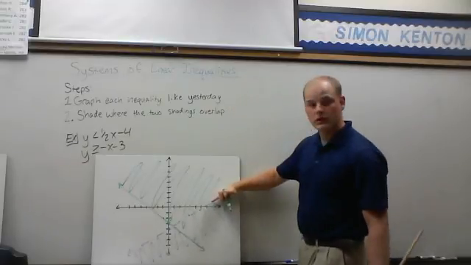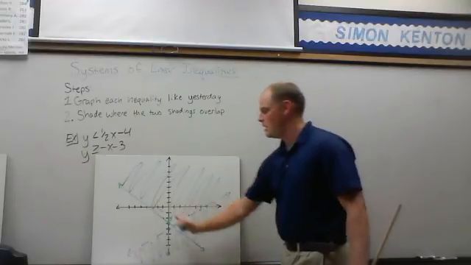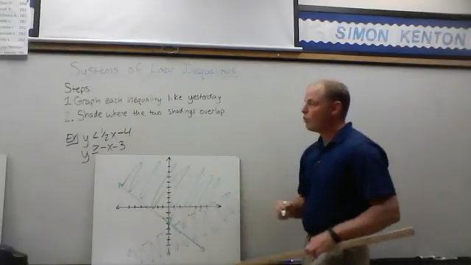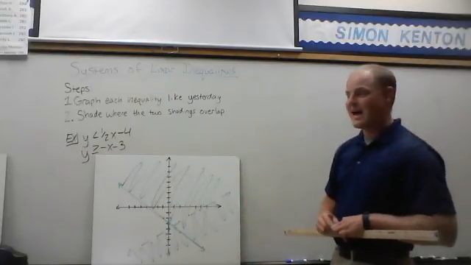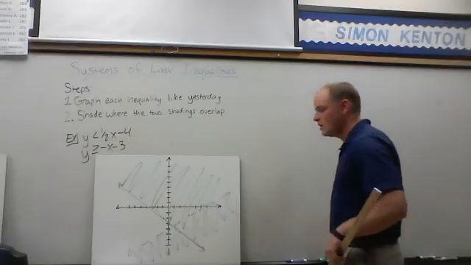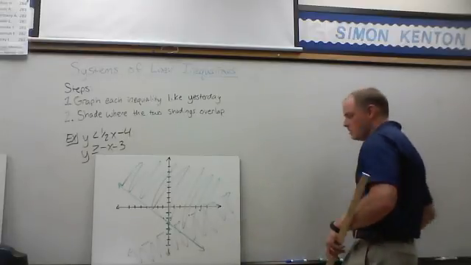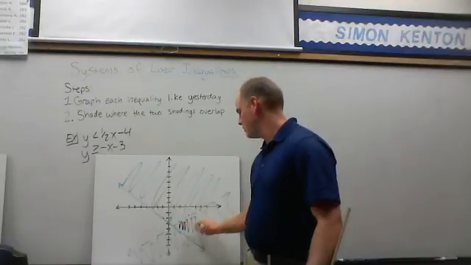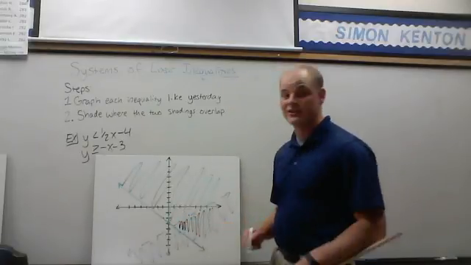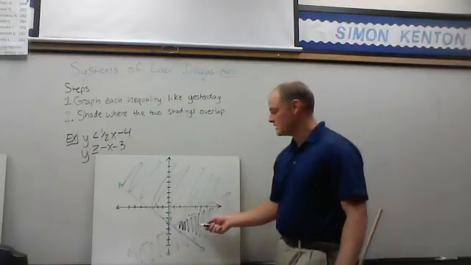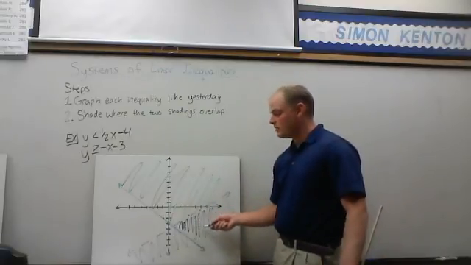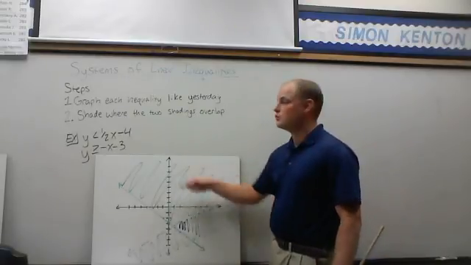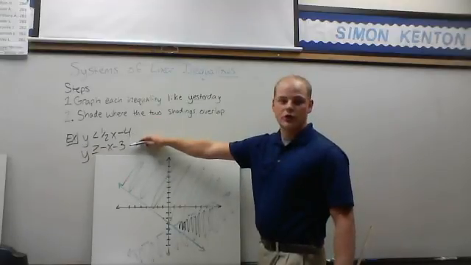So the blue one that was shaded below, this one was shaded above. Where the two shadings overlap, that is our answer. So actually, where I'm going to shade would be this area right here. That's my actual answer for this. And what that actually means is these points right here are solutions to both of the linear inequalities.